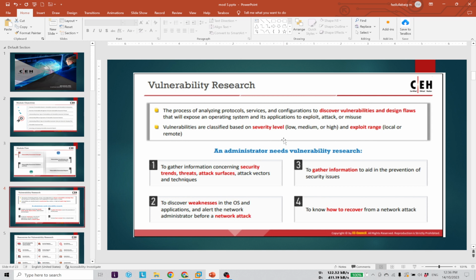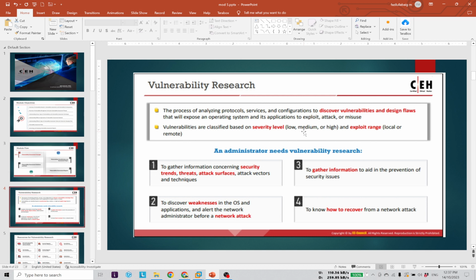In the upcoming modules I will explain briefly how these are classified. But for now, I can say low is nothing but information: information about the operating system, applications, and a little bit of information about a particular service.